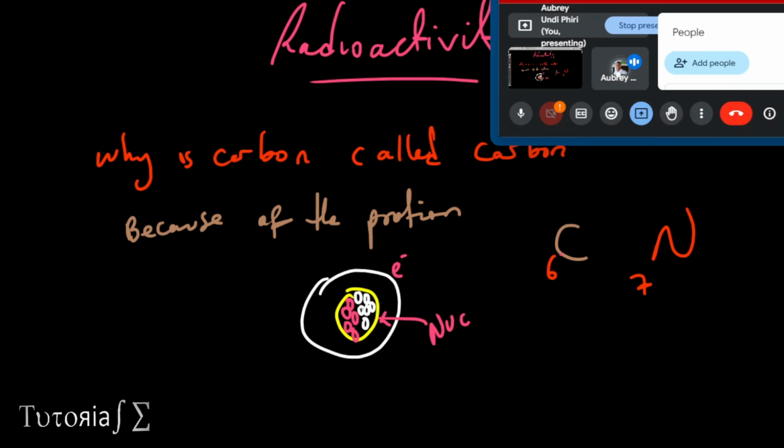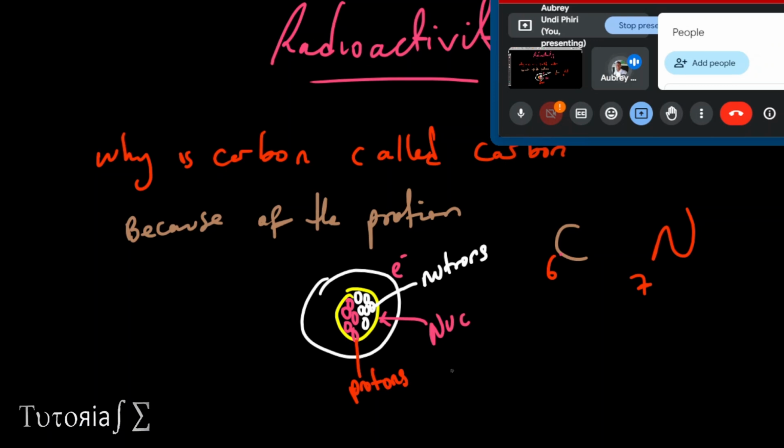These white ones are representing neutrons, and the magenta ones are representing protons.